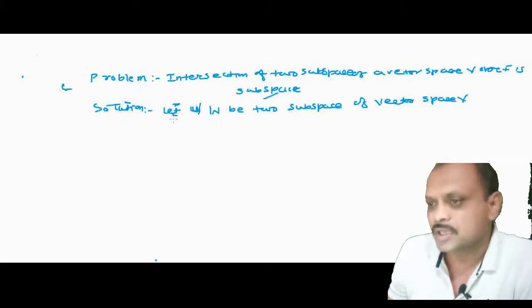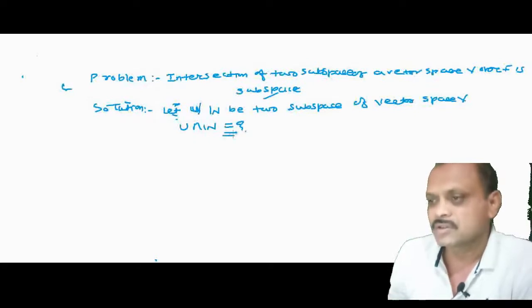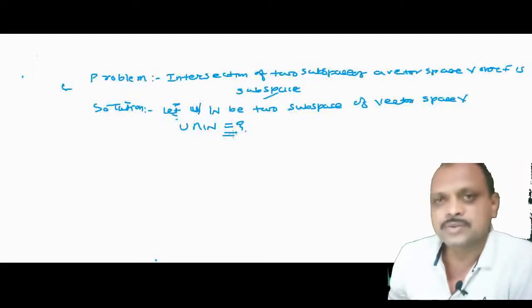We have to show that their intersection, U intersection W, is a subspace. This is our problem. Now we have taken these two subspaces.